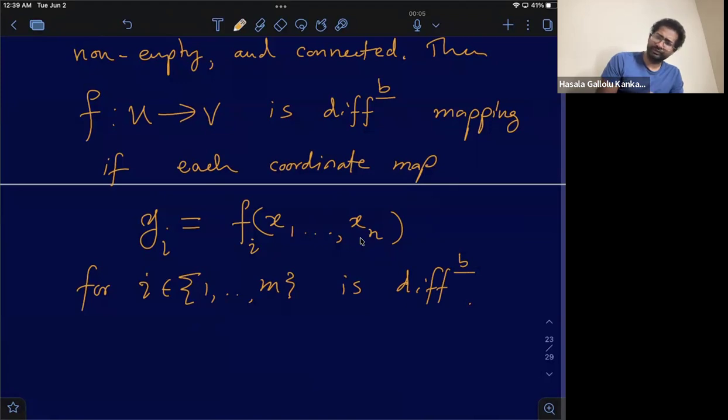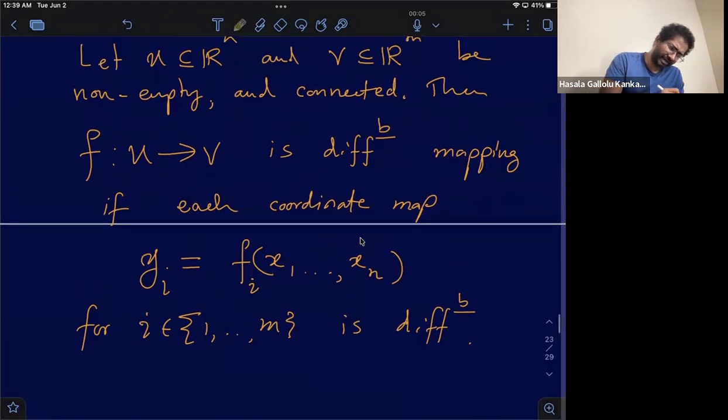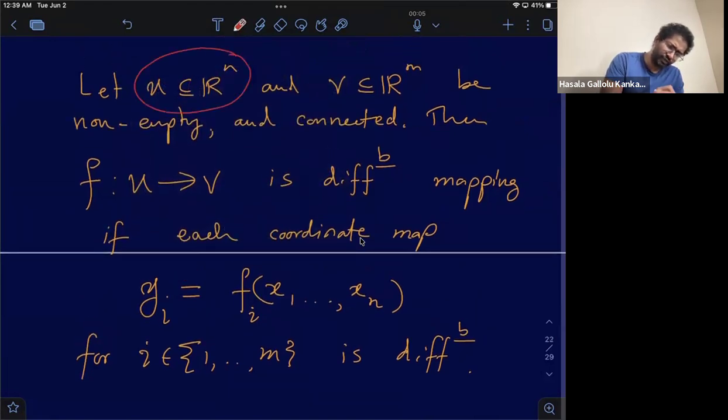So in other words, what we are trying to do is define the differentiability of maps from Rn to Rm, right? You can define that differentiability by looking at the coordinate maps.